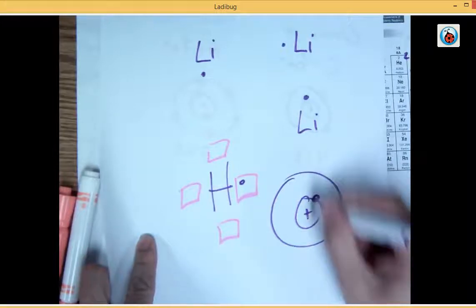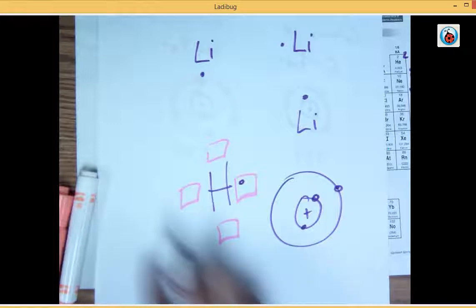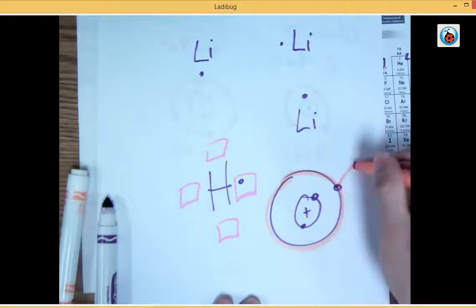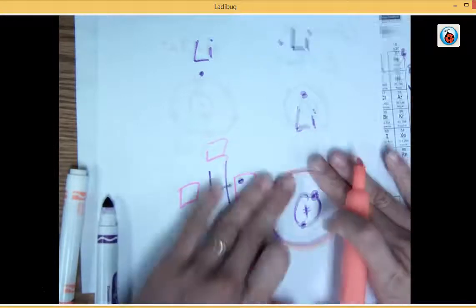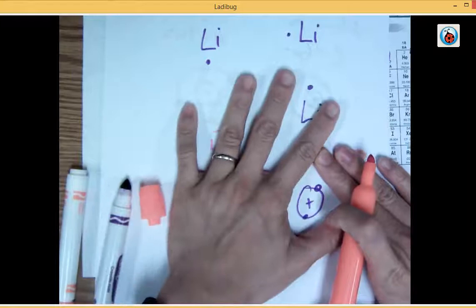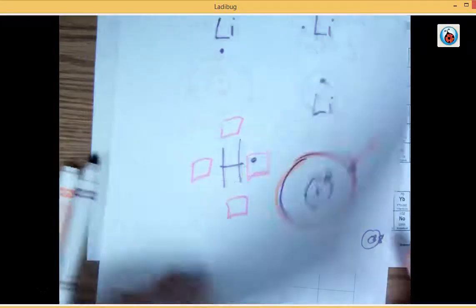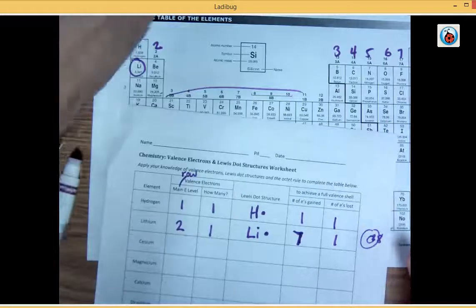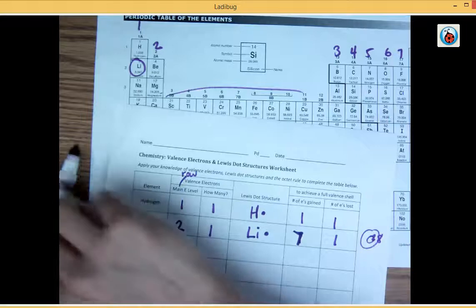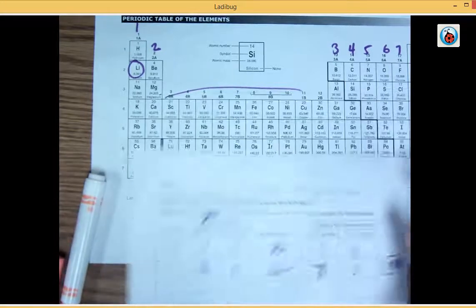There are 2 electrons here, 1 electron there. It can lose this entire outer shell. When it loses that one, you end up with a full shell underneath. It needs a full shell in order to be stable.